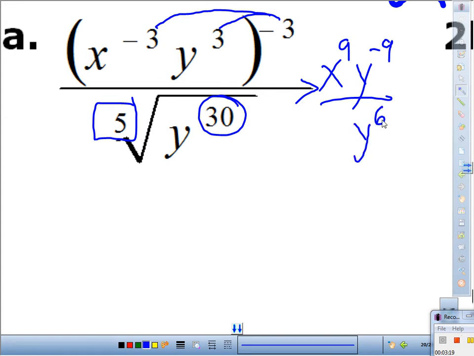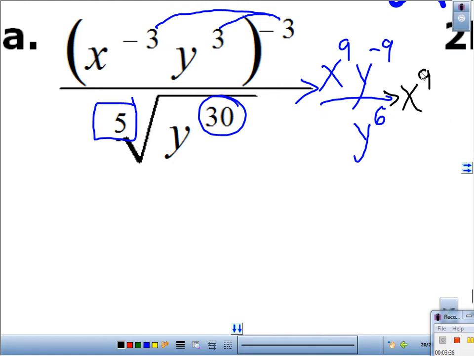Okay, good. We're still not done. We still need to simplify. Is there another x here? No. So we end up with x to the 9th. Are these the same base? Yes, they're the same base. What happens to the exponent? Subtract.